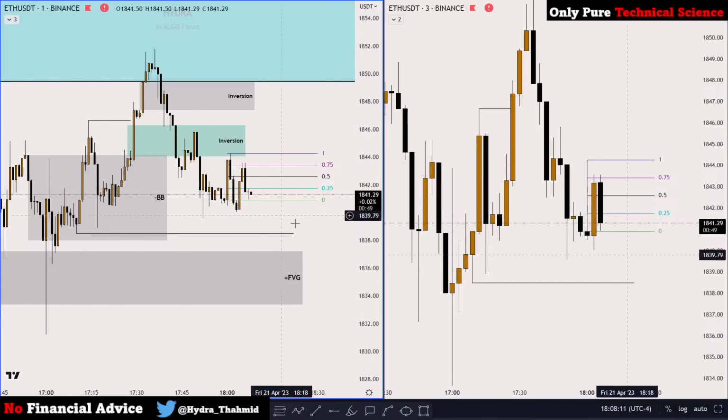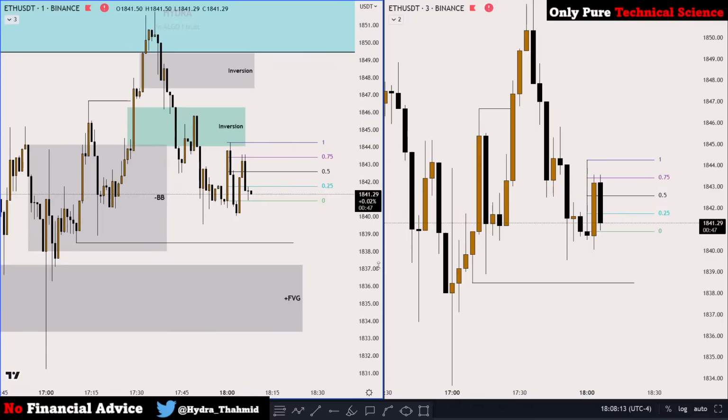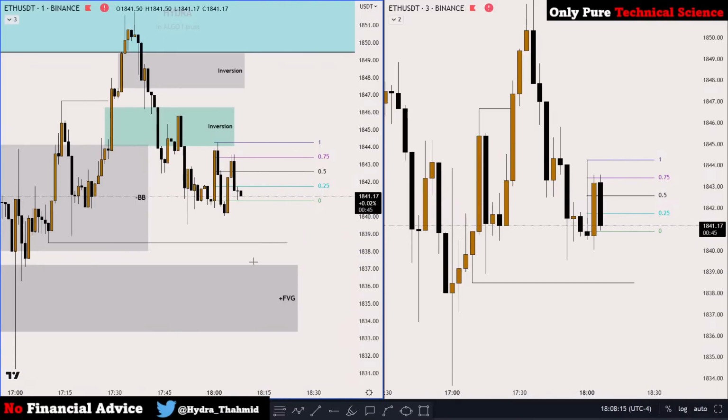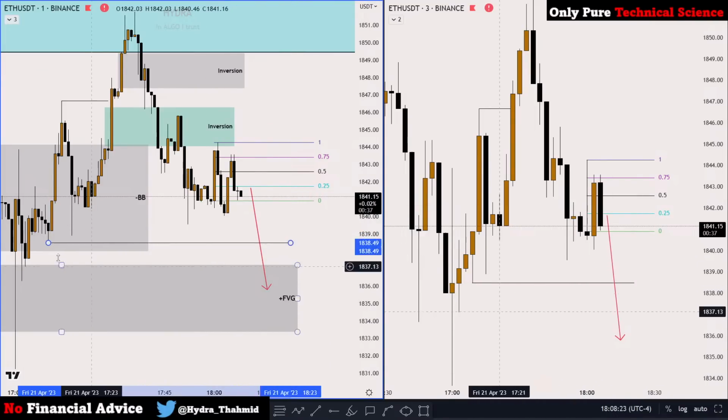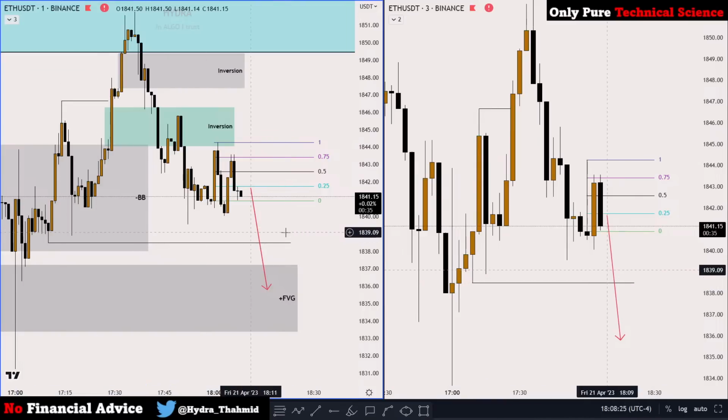So what I want to see right now is price getting support towards the sell side from this level right here, and hunting these relative equal lows down here.